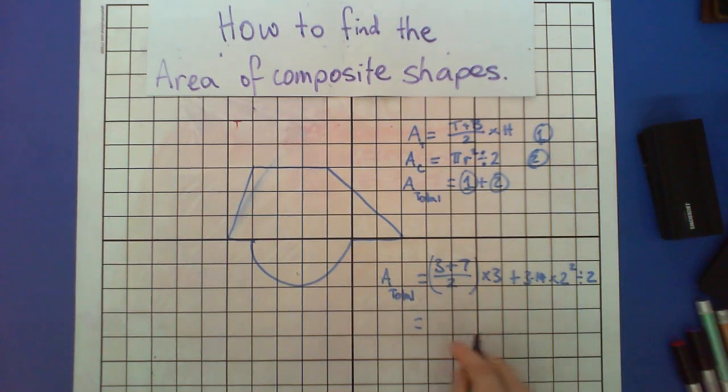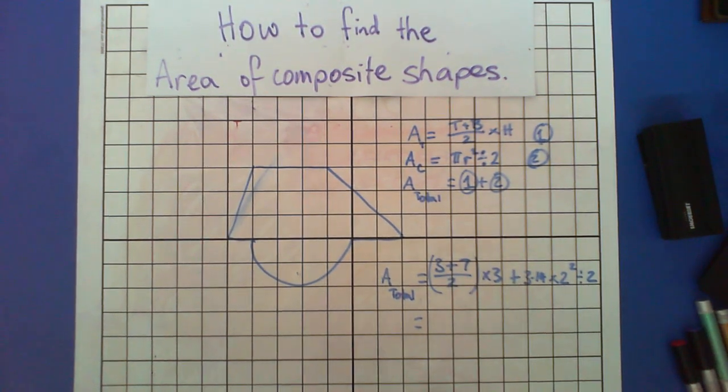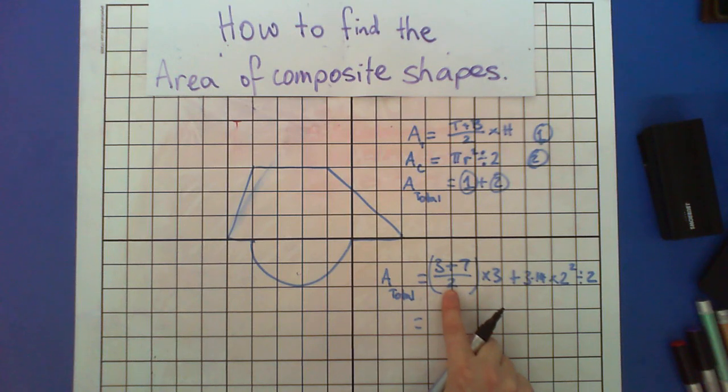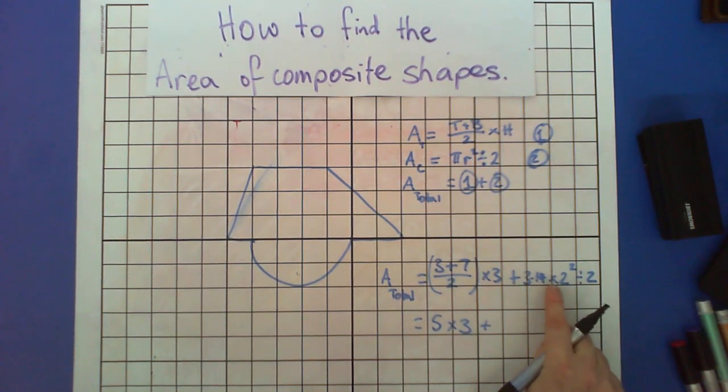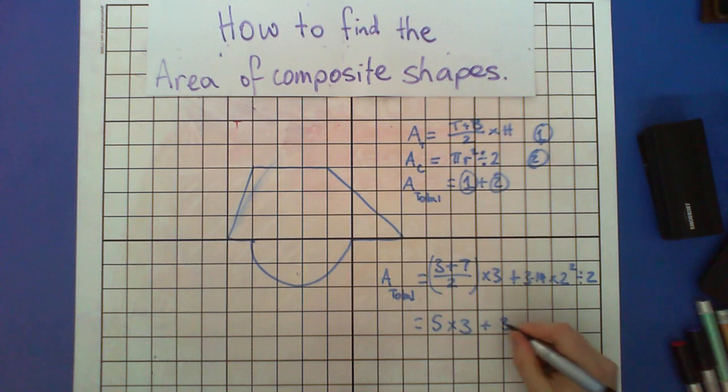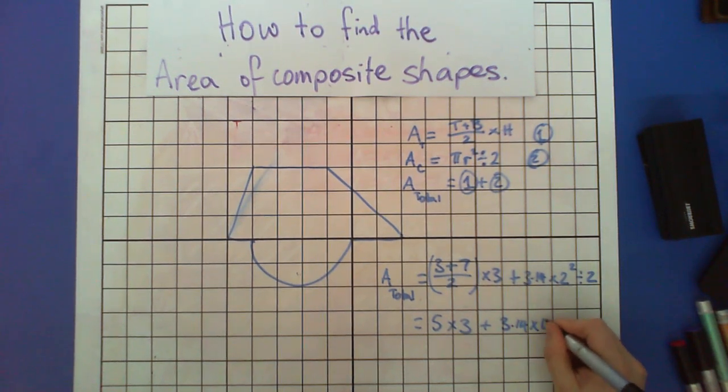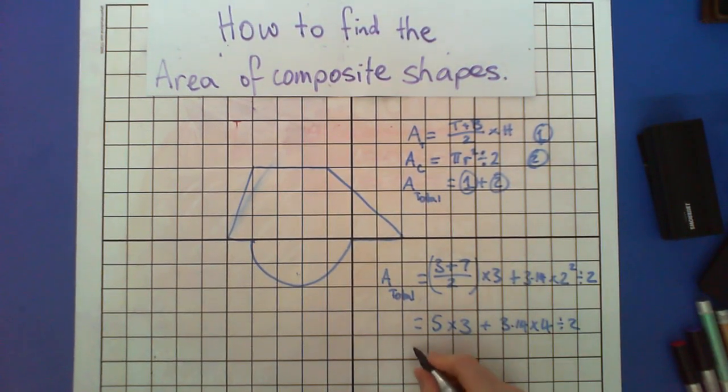So we can work through this. 3 plus 7 is 10, divided by 2 is going to be 5. 5 times 3 plus 3.14 times 2 squared, that's 3.14 times 4 divided by 2.